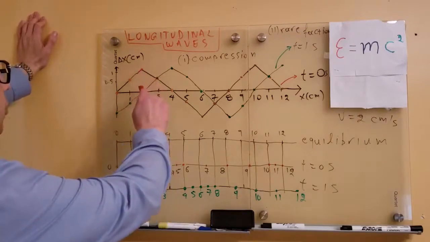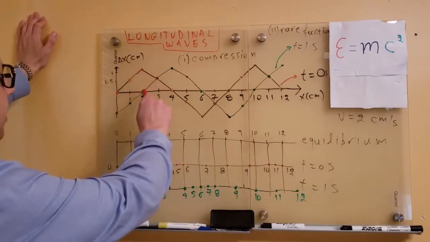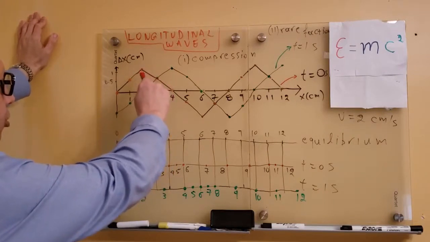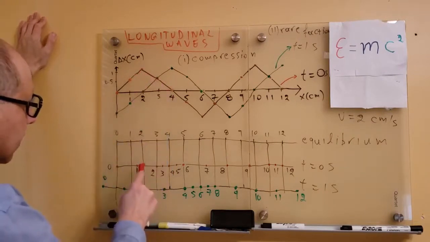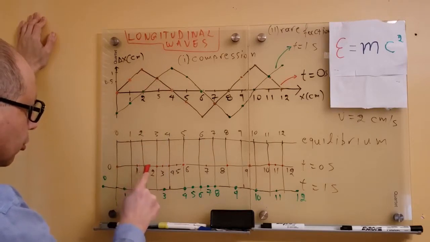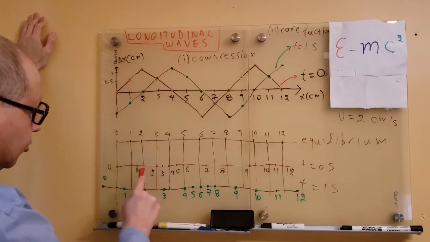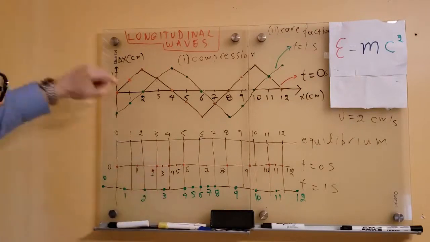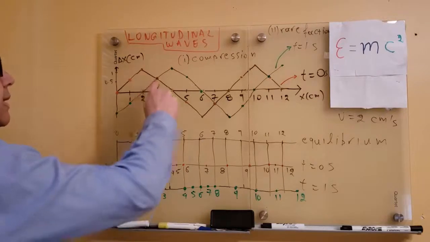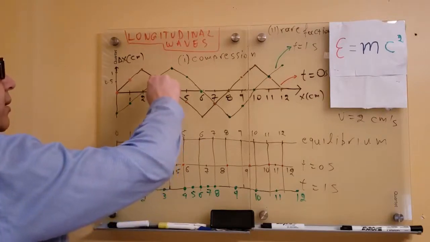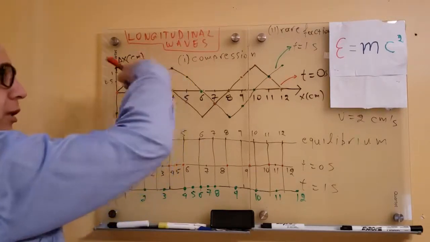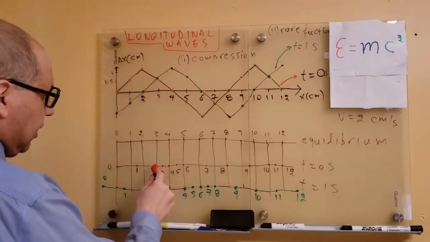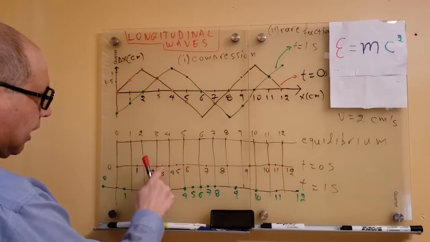Particle 2 is at the maximum distance from its position of equilibrium, which is 1, so particle 2 will be in this position. Particle 3 is at half, again in the positive direction, so it will be to the right, exactly here.